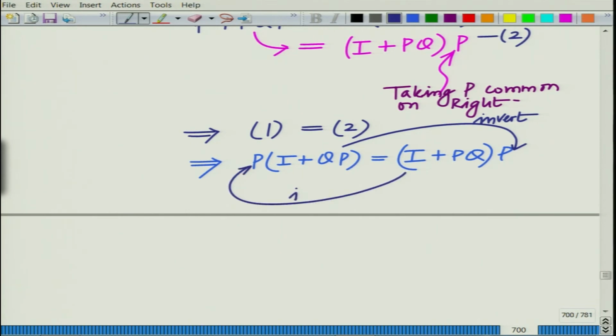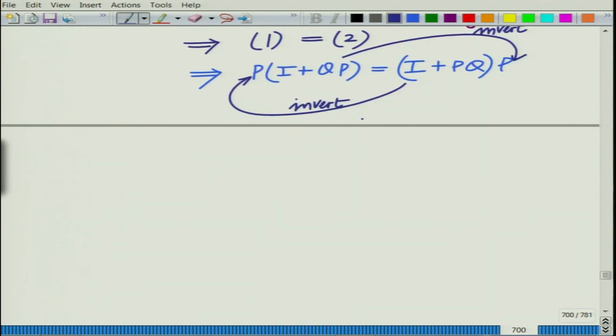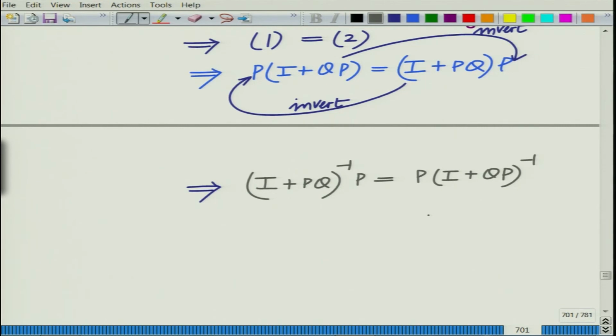This implies that I plus PQ inverse into P equals P into I plus QP inverse. That is essentially property number 2.